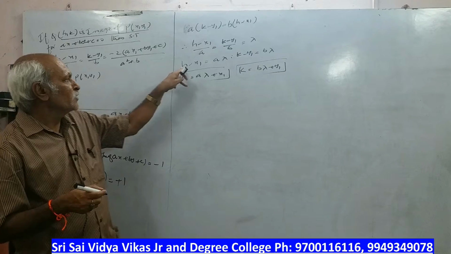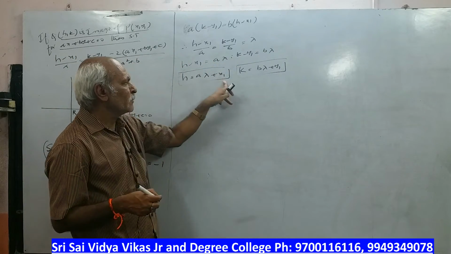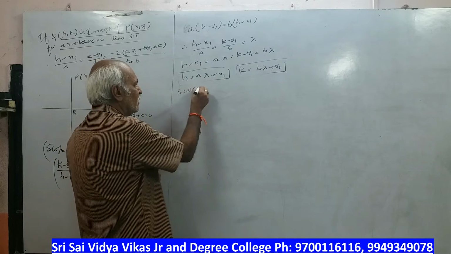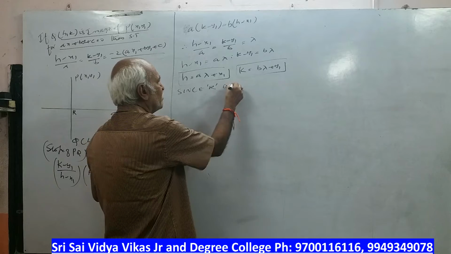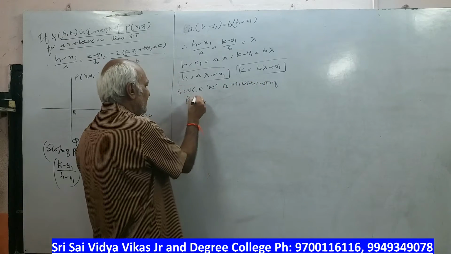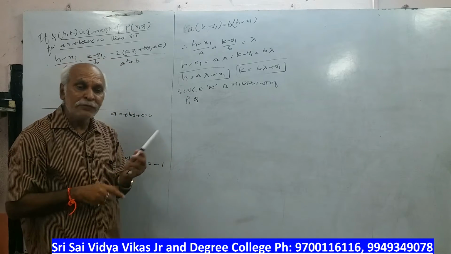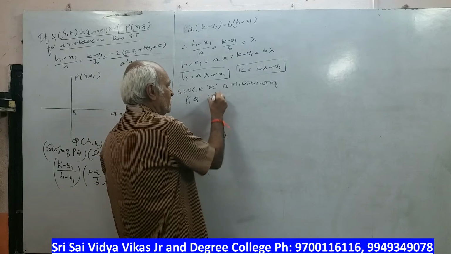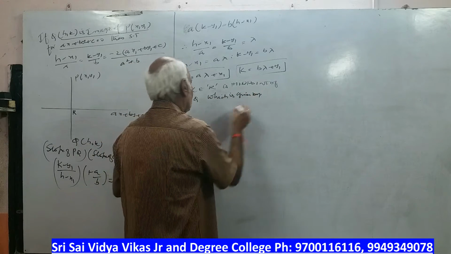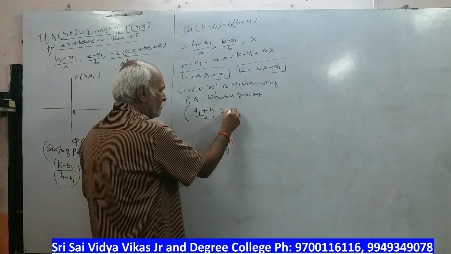Okay. So h minus x1 is equal to a lambda, k minus y1 is equal to b lambda. So h is equal to a lambda plus x1, k is equal to b lambda plus y1. Now look here. Since R is the midpoint of P comma Q, R is the midpoint of P and Q, which is given by, what is the midpoint formula? x1 plus h by 2, y1 plus k by 2.